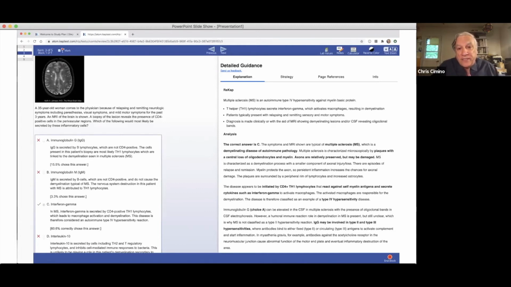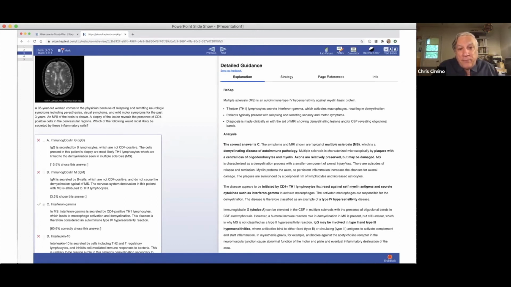And that activates the macrophages, which then attack the myelinating cells. So we would call this, in a sense, a type 4 hypersensitivity disease. The other choices certainly are seen in other diseases, just not multiple sclerosis.